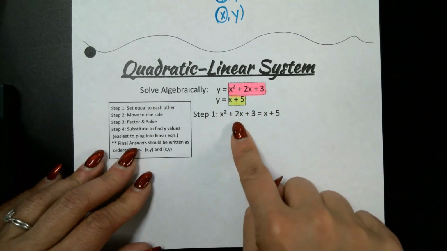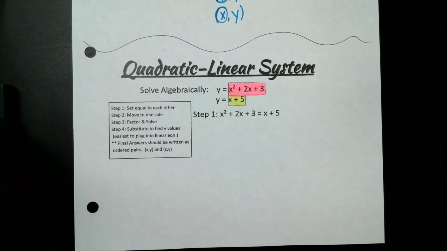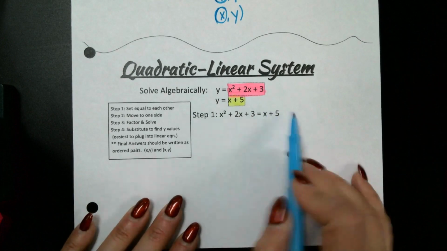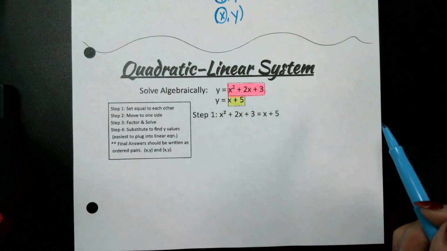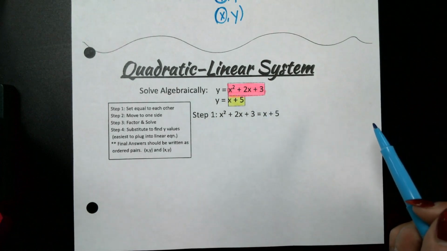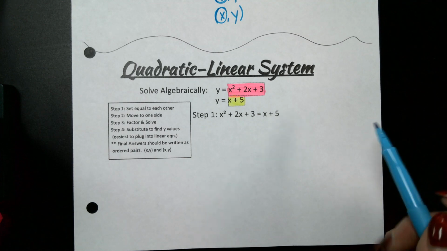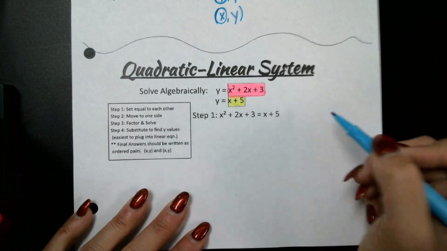Now since we have this, you guys have solved lots of problems like this. How do I solve quadratics? Well, no, we're not using the quadratic formula. But what do I have to do first? Move to the other side? Because doesn't this have to be equal to 0?